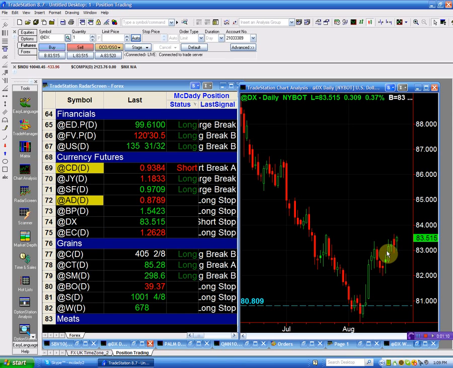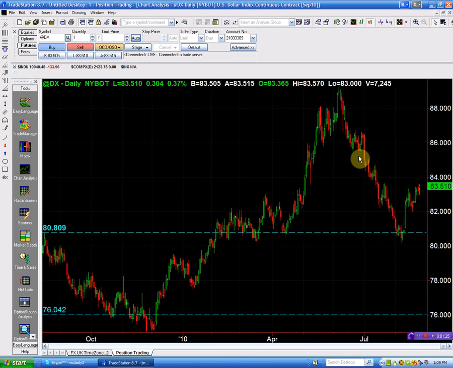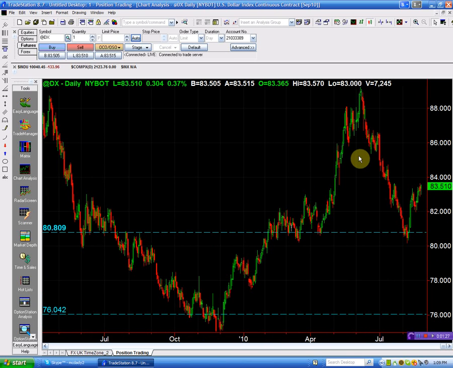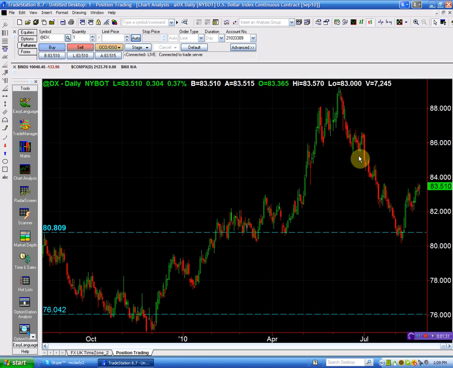And that's why we have this positive day today. The dollar index is now trading at 83.51, which is quite a positive read, and that should give us the feel that the bias is still to the upside for the dollar.